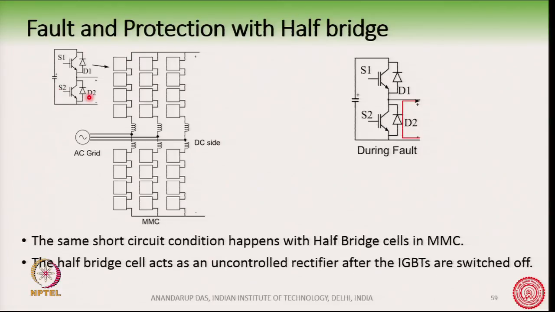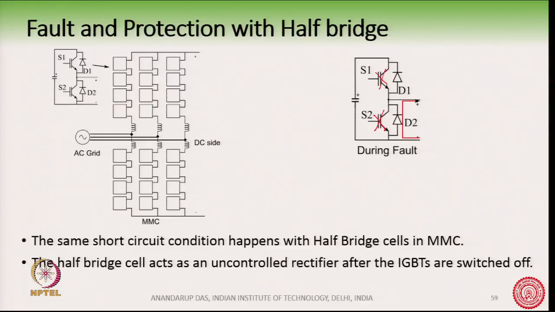Now, one important property of the half bridge is that suppose there is a fault, and by fault I mean a very severe fault. Let us analyze the behavior of a half bridge circuit. Suppose we have a very severe fault and we shut off the transistors of a half bridge, because for the sake of protection we switch off the transistors, within 10 microseconds for example.